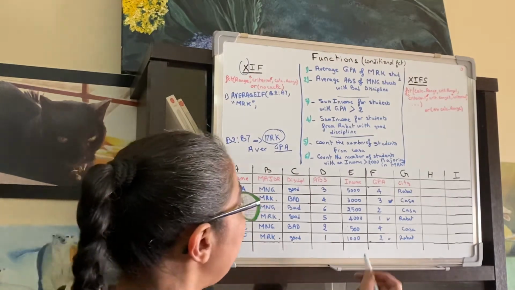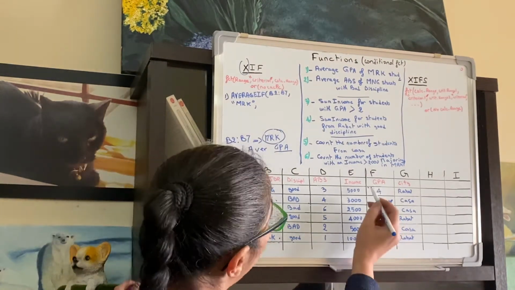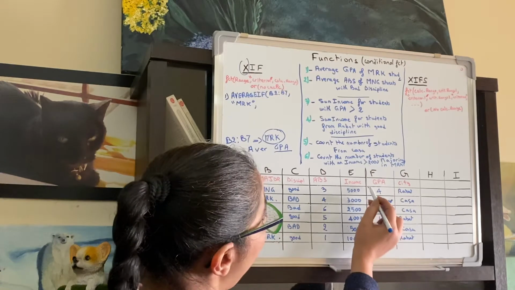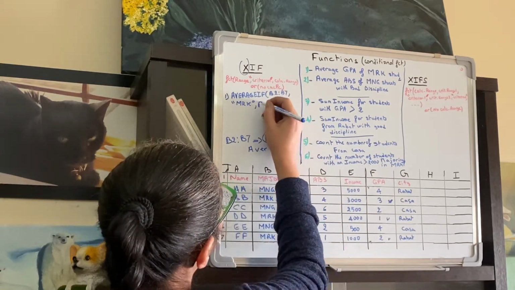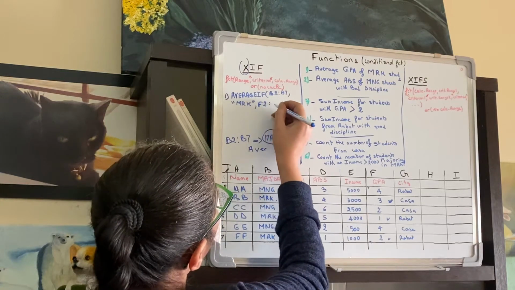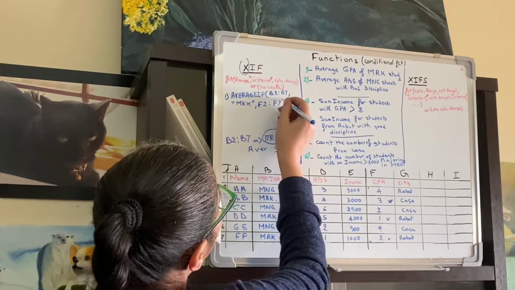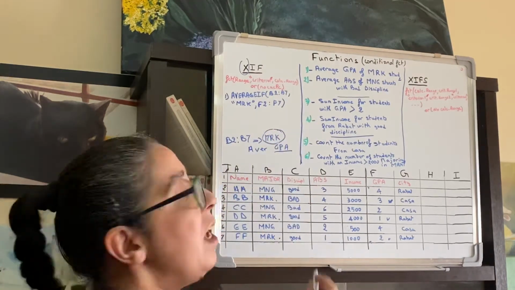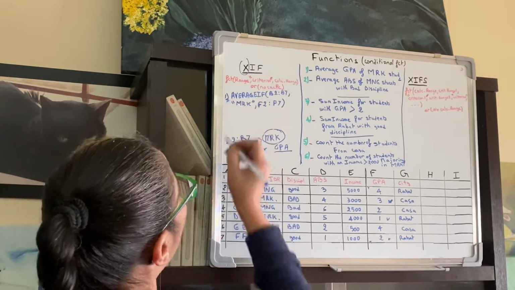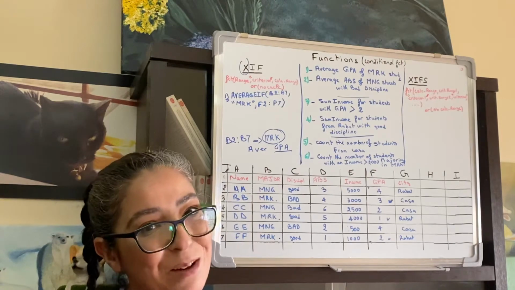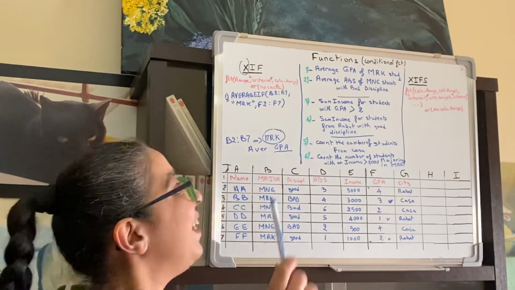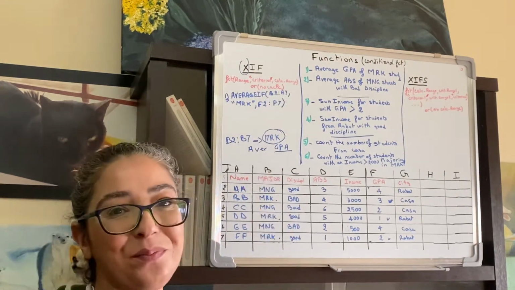I'm calculating the GPA, okay? So I need to give it the range from F2 to F7. And here we go. F2, F7, close the parenthesis. If you put the equal sign, of course, the computer is gonna do it for you automatically, okay? I hope you understood this.